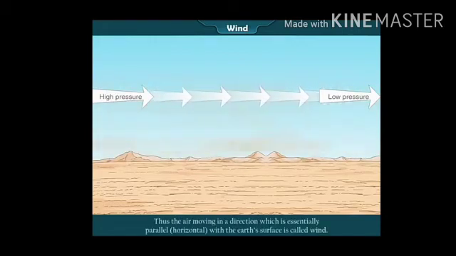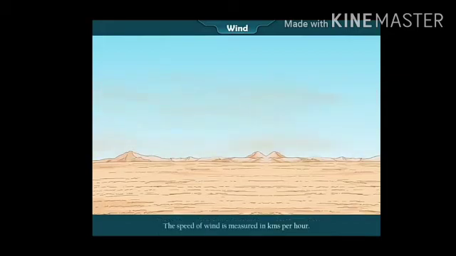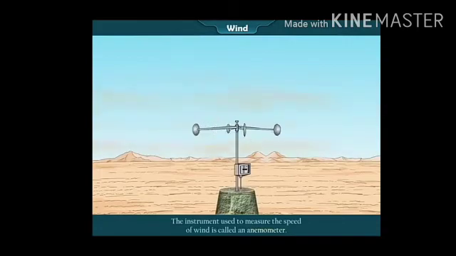Thus, the air moving in a direction which is essentially parallel, or we can say horizontal, with the Earth's surface is called wind. The speed of wind is measured in kilometers per hour. The instrument used to measure the speed of wind is called an anemometer.